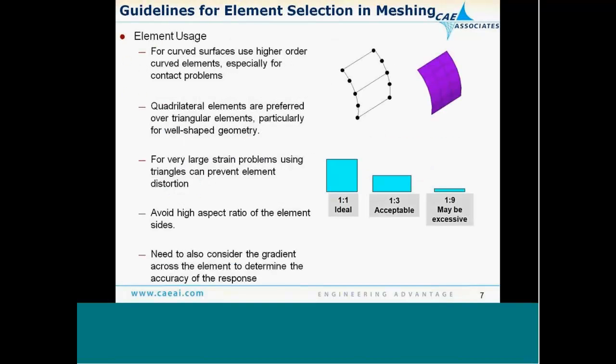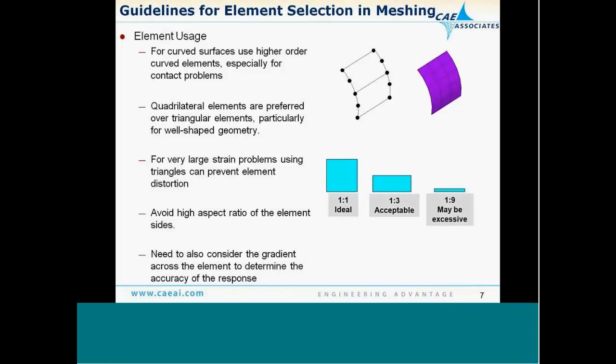If we look in general between the different options of using the lower order elements versus the higher order elements, there are a number of functionality improvements that we gain from using higher order elements. One of them is true curved surface representation of our structure.